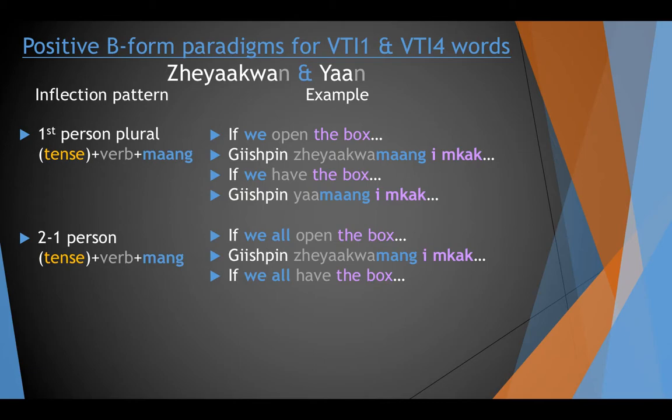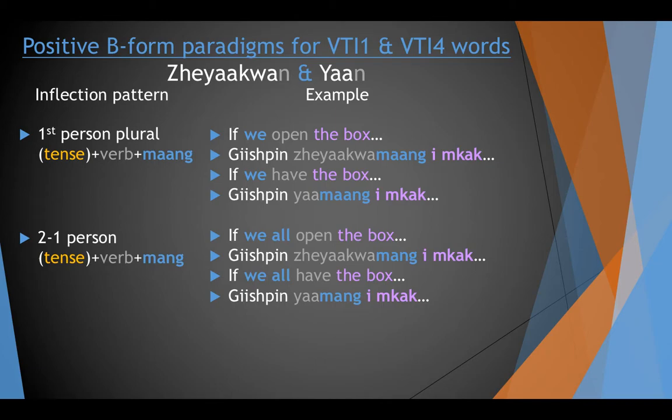All right, so we're going to take that up now. So the translation, if we all have the box, should be Gishbin ya mung imkuk. So we're just replacing our mongs with mungs. And those are the 2 we's.